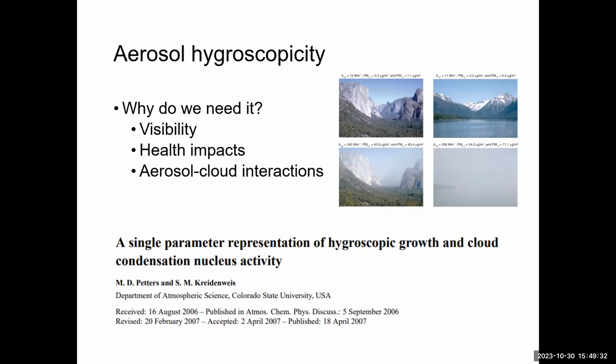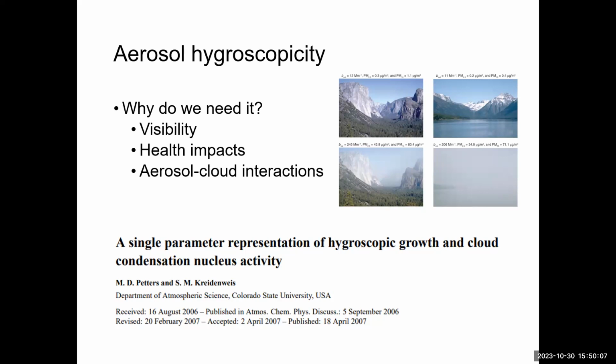But I would say a more important reason why people are interested in hygroscopicity, or why most studies measure aerosol hygroscopicity, is to understand aerosol-cloud interactions. Once these suspended aerosols get lofted into the higher atmosphere, still within the boundary layer, the temperature is going to reduce. If the temperature reduces, the saturation vapor pressure of water is going to reduce, which creates near-saturation or supersaturation conditions.